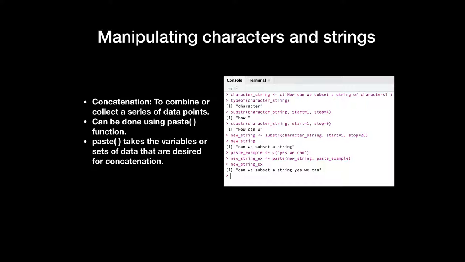Paste is going to pass certain character strings or certain characters that you pass on into an existing string. On the right, I've put together a couple examples of how we can utilize the paste function. At the very bottom, we see that we want to paste together two different variables of characters, new string and paste example, into a variable called new string example, which will give us, can we subset a string? Yes, we can.